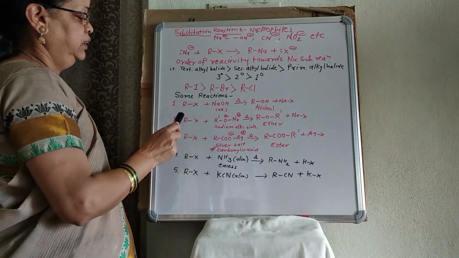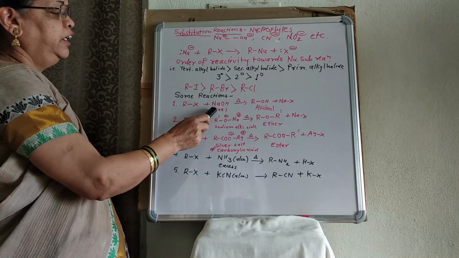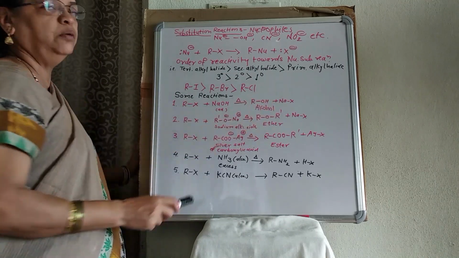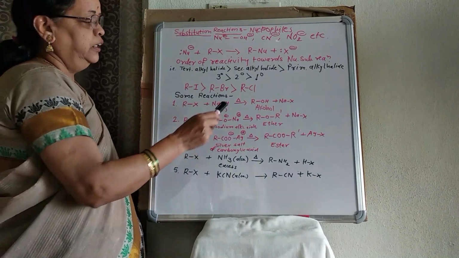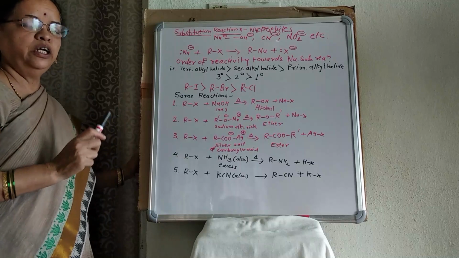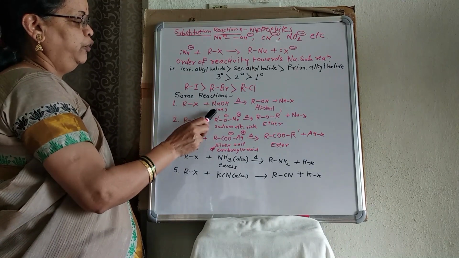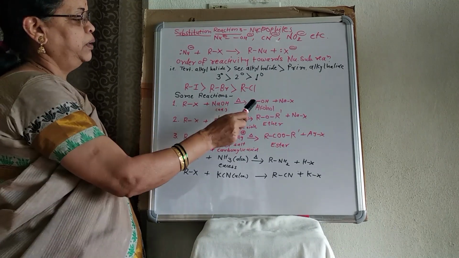RX is the substrate or reactant, NaOH is the reagent, and alcohol is the product, along with a byproduct. So RX plus NaOH react in the presence of heat. We must write the reaction conditions compulsorily. So RX plus NaOH, in brackets I have written aqueous, meaning the solution is prepared in water.